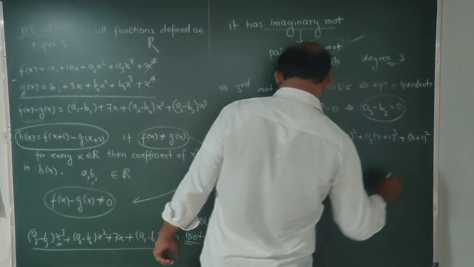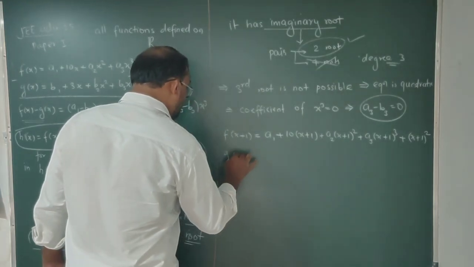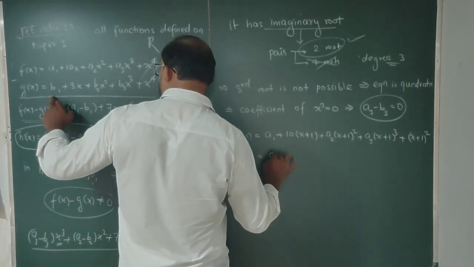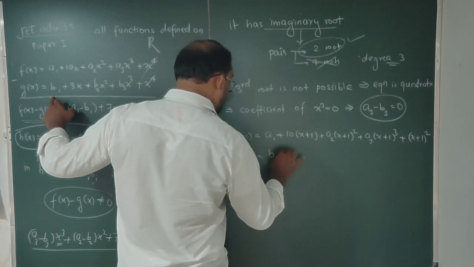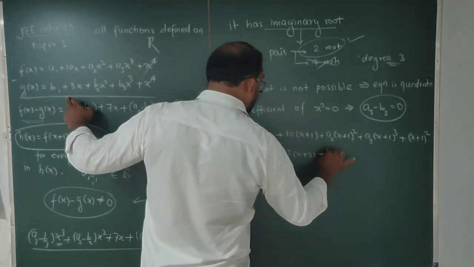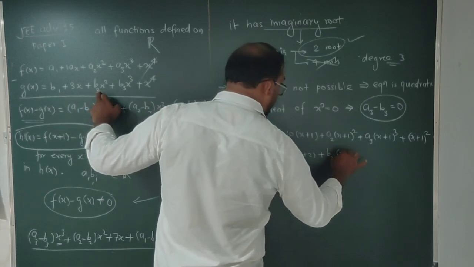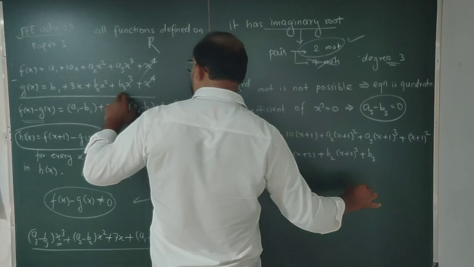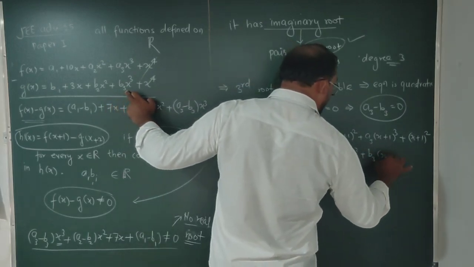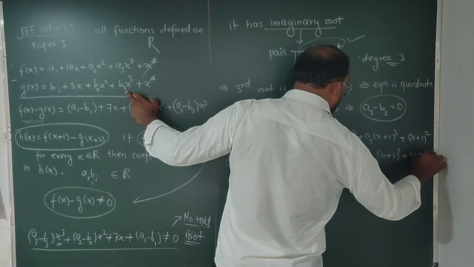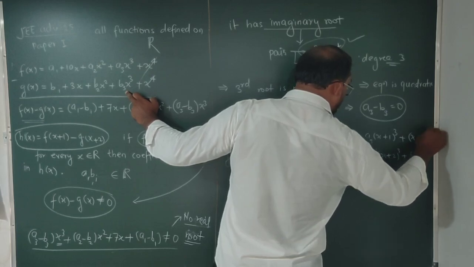I am just writing this to explain. Then g of x plus 2: again b1 plus 3 times x plus 2, plus b2 times x plus 2 whole square, plus b3 times x plus 2 whole cube, and this is x plus 2 to the power 4.